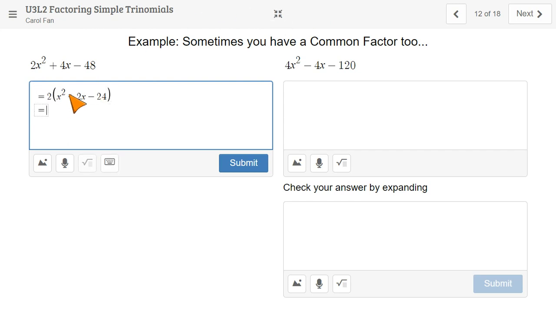Now, I'm not finished yet because inside my bracket, this trinomial is factorable. I'm going to end up having one positive bracket and one negative bracket because I've got a negative c. So factors of 24 that add up to 2, that could be a 6 and a 4. So positive 6, negative 4.